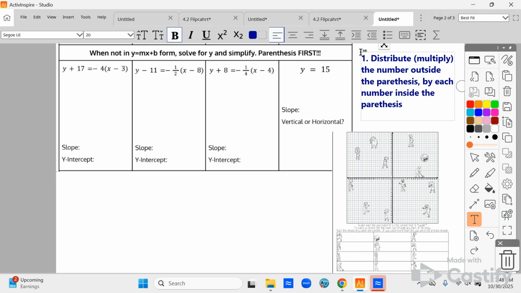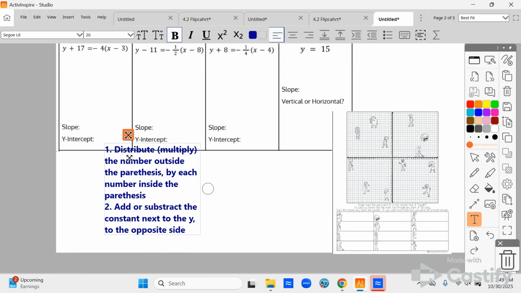And then step 2 is add or subtract the constant next to the y to the opposite side. So you're using inverse operations here.